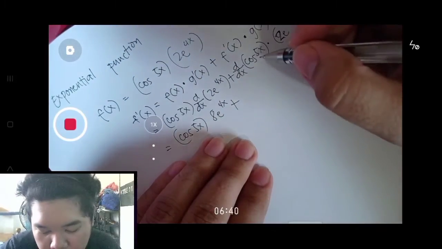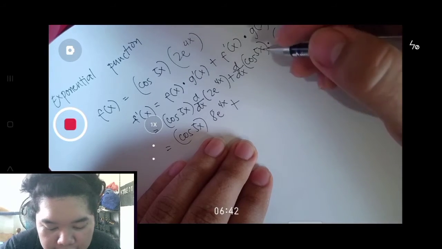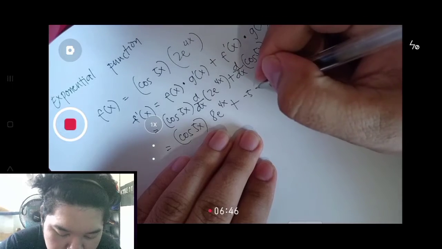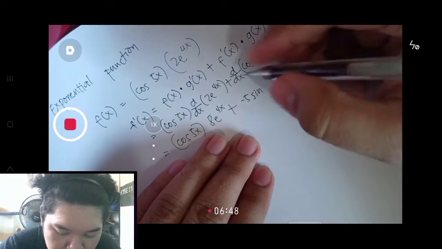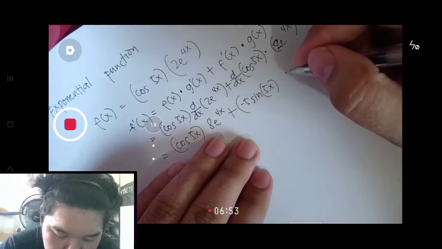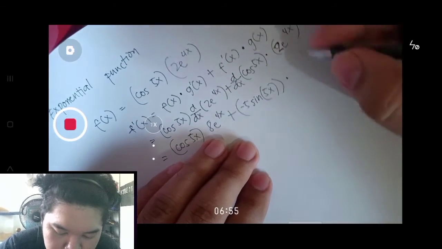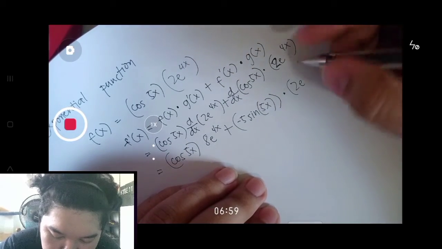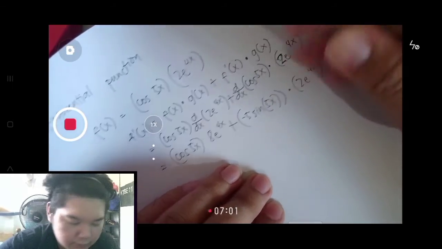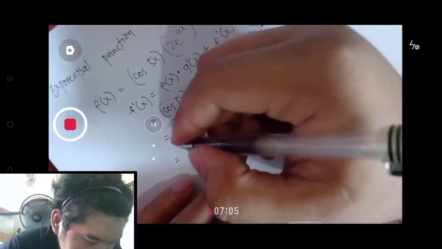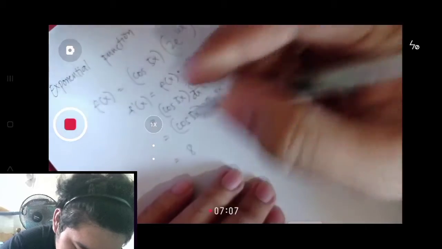Tapos plus the derivative of cosine 5x, which is negative 5 sine 5x, times 2e, so 2e raised to 4x. So simplify.